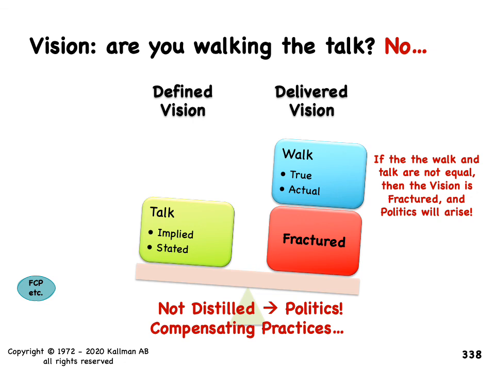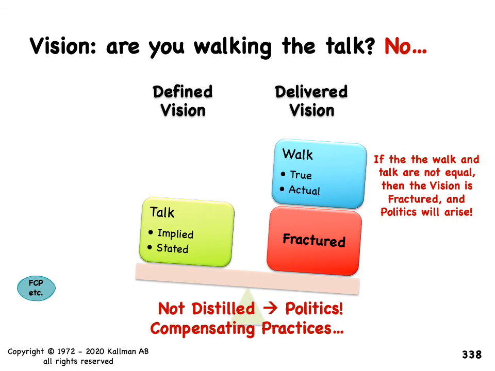And almost without exception, I can guarantee you that politics will arise. Basically, a fractured vision means it's broken. Well, that means it's probably in at least a couple of pieces. That means you probably have at least two or more visions, which means, by definition, you have division.